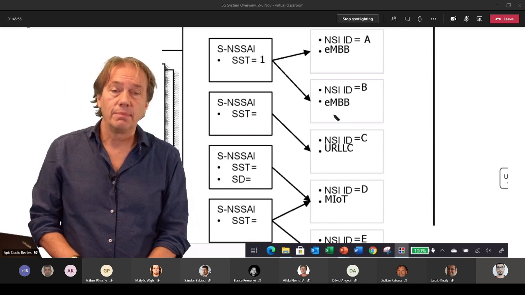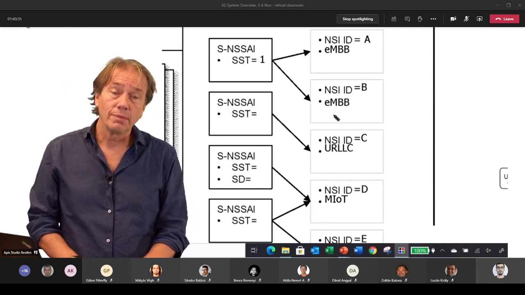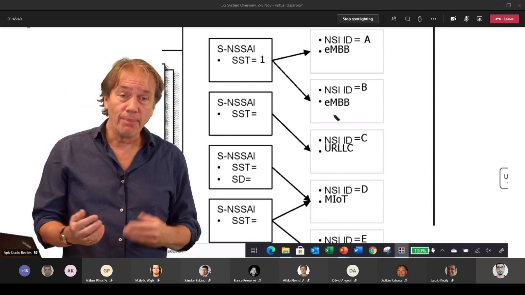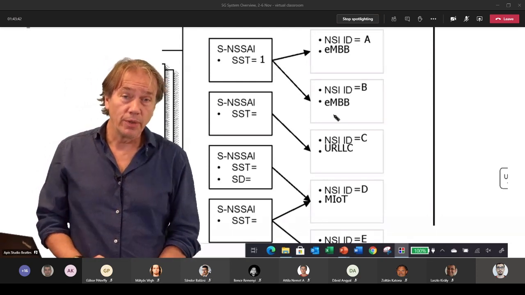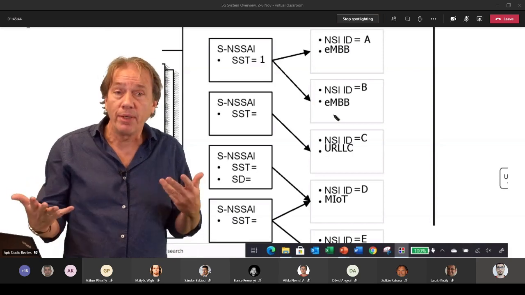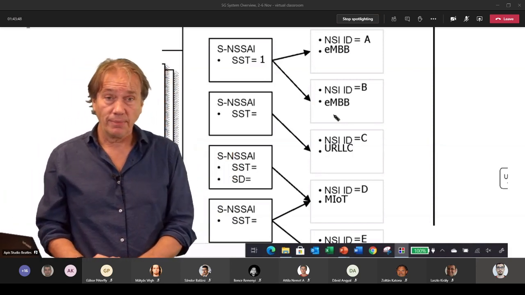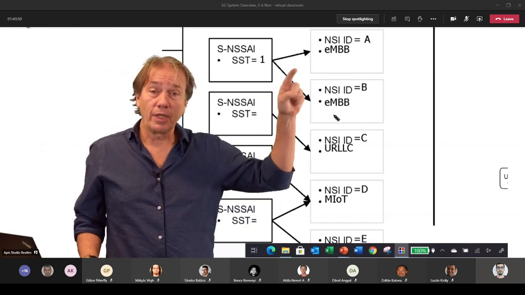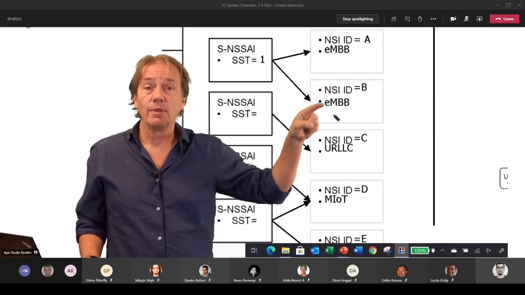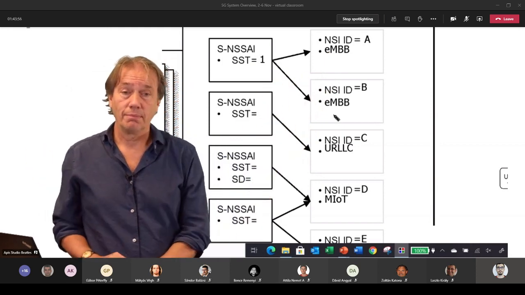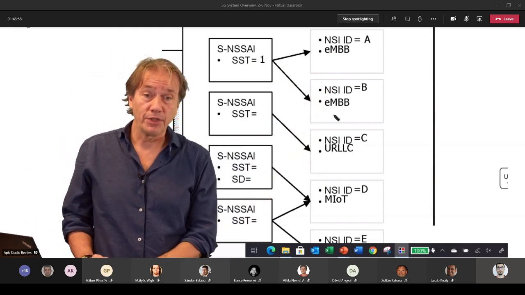It has no preference what eMBB slice it wants to belong to. It says, I'm happy if I can register in an eMBB slice, which means that the network can select either this one or that one. The user equipment is happy in either case.